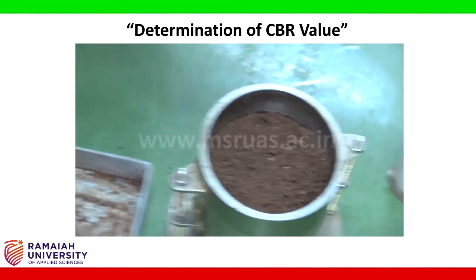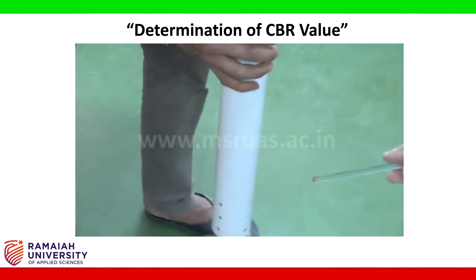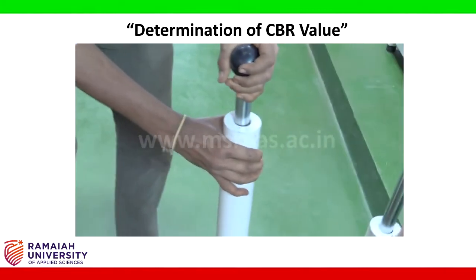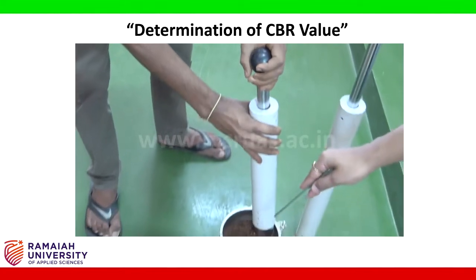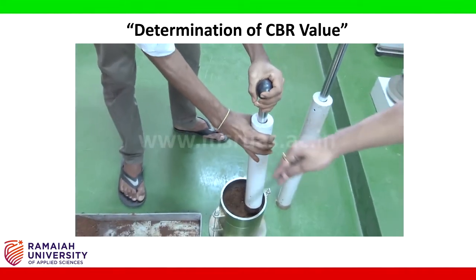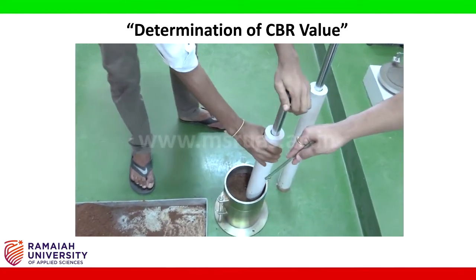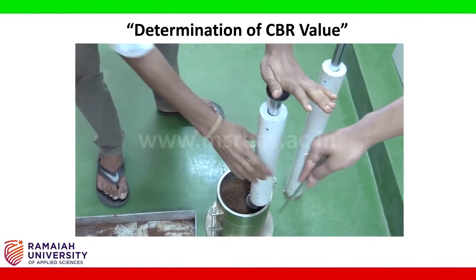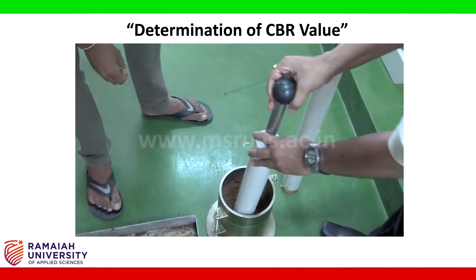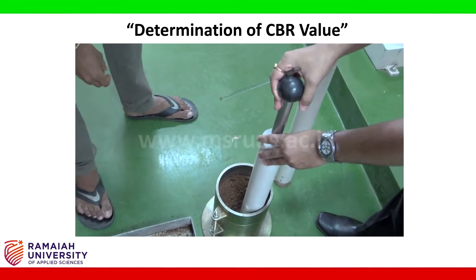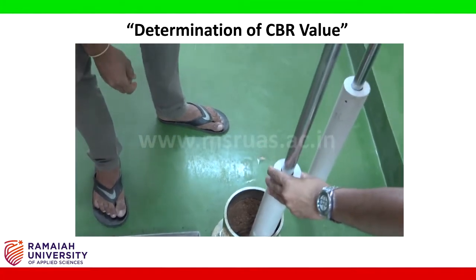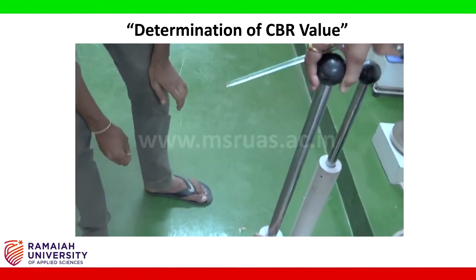So I am going to make use of the light compaction rammer, and I am going to compact it by giving even distribution of compactive effort throughout the specimen. Place it on the soil, lift it to the maximum height and drop the weight.